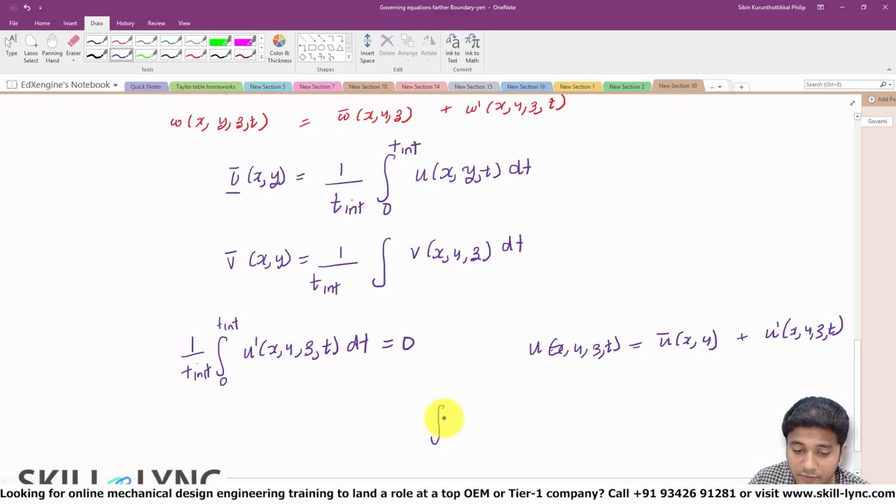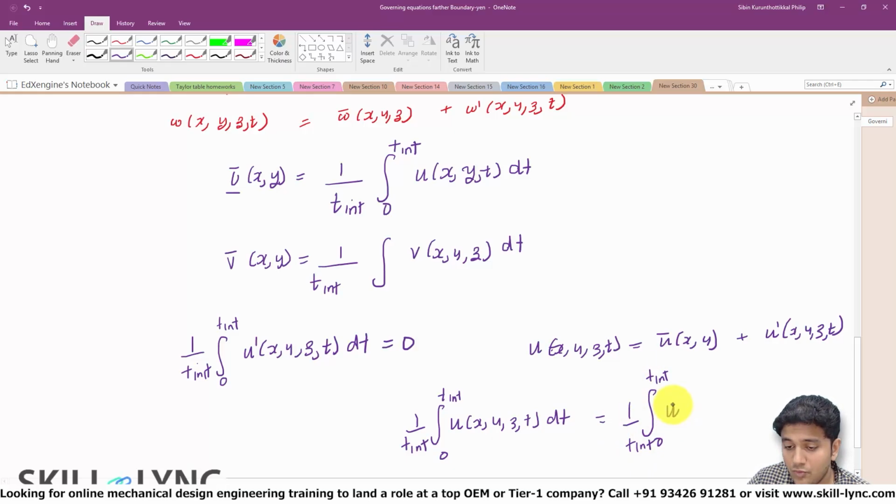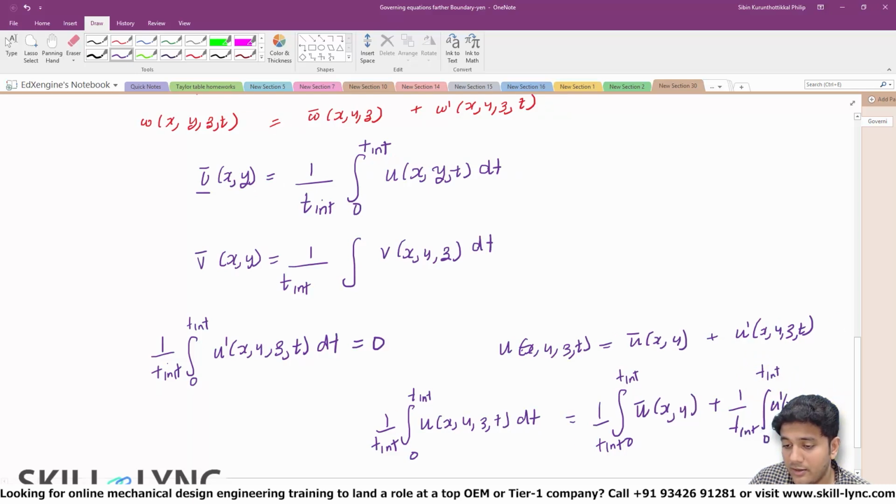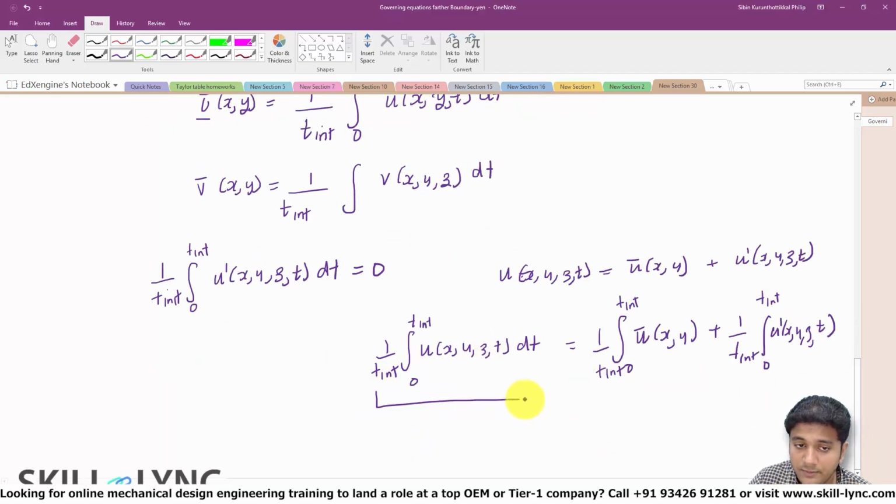So let me first do u of x, y, z, t integrated from 0 to t integration, times 1 by t integration, which is equal to 1 by t integration, integral 0 to t integration of u bar of x, y, plus 1 by t integration, integral 0 to t integration of u prime of x, y, z, t.